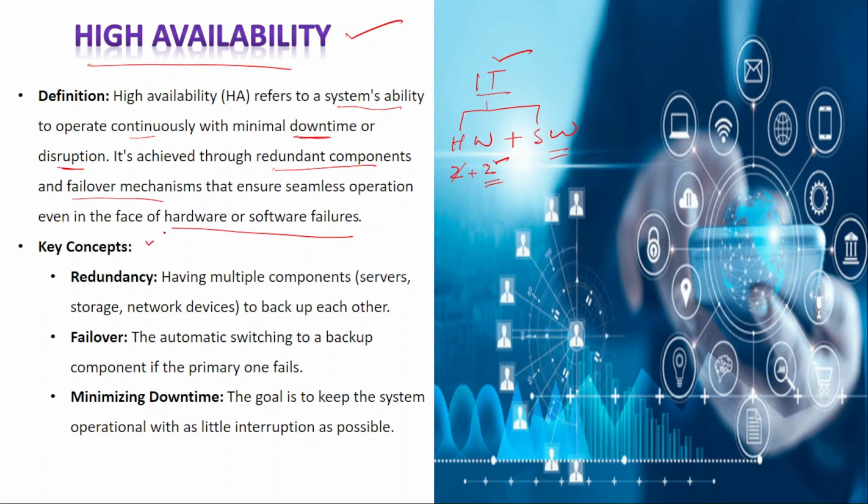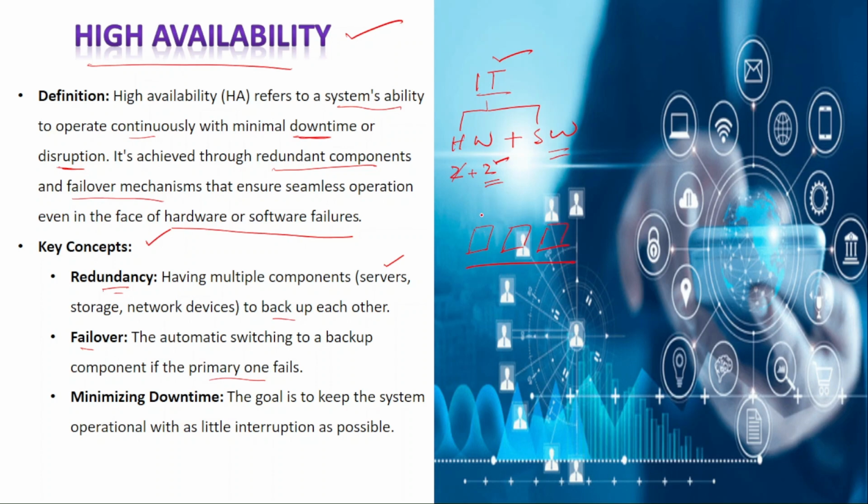Key concepts in high availability are, first, redundancy, as we studied: having multiple components of hardware, storage, and network devices to back up each other. Failover, the automatic switching to a backup component if the primary one fails. Let's suppose you have a cluster of 3 servers and they work as a failover group.